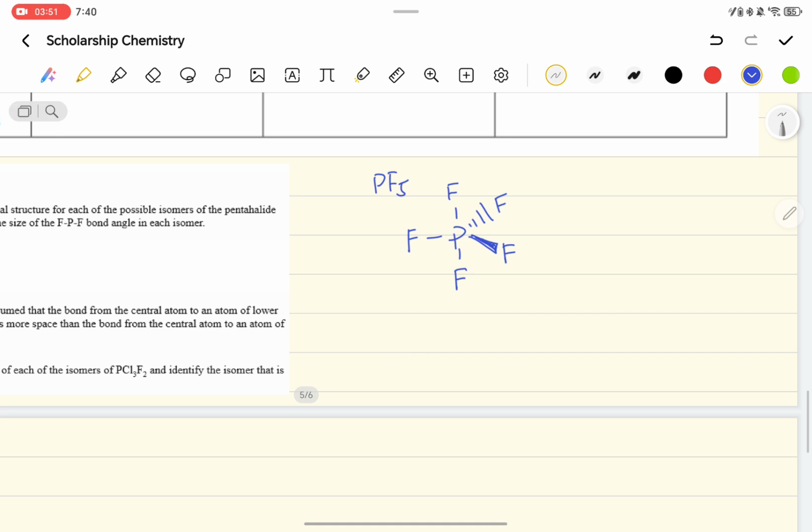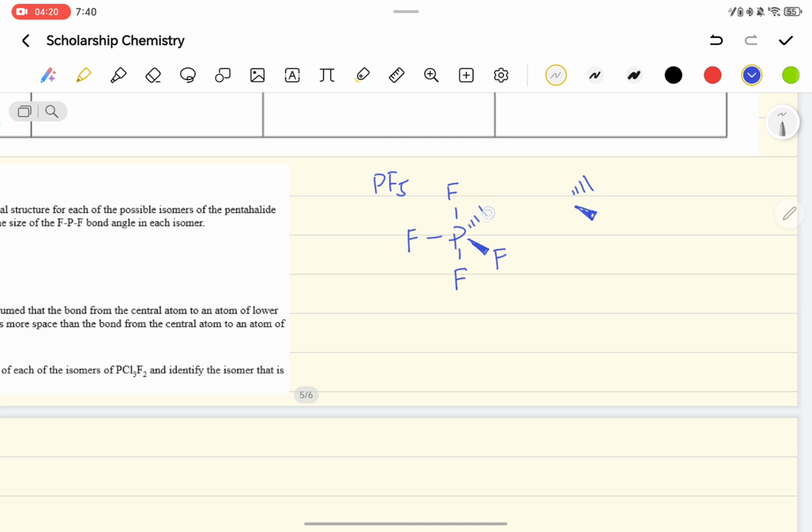This brings us to another important idea. If you see this dotted line, this means going into the page. And if you see this wedge or this filled triangle, it is going out of the page, or towards you. So let's try to draw this again. This goes out of the page. It doesn't matter which order you draw it in, but this goes out of the page.